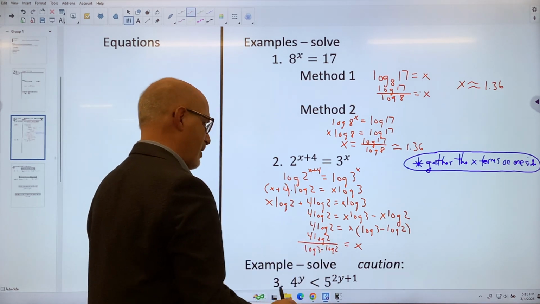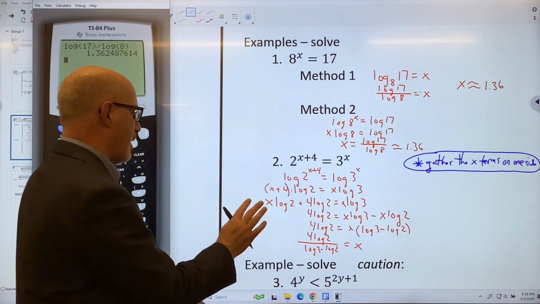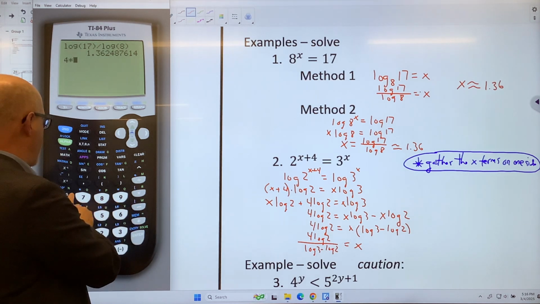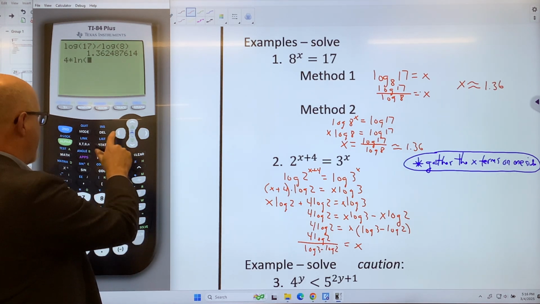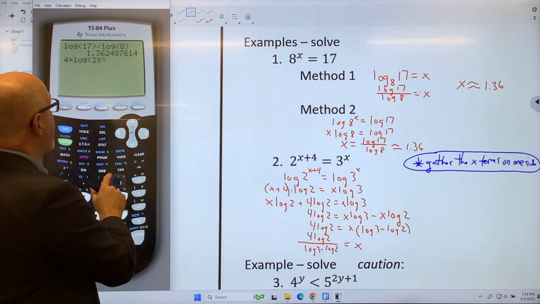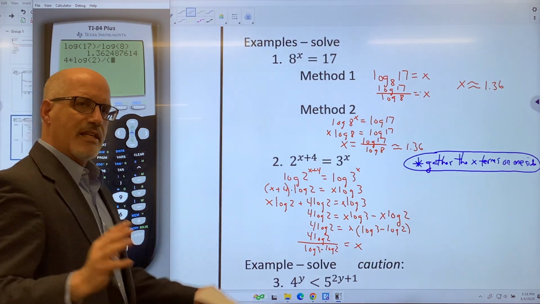And let's go ahead and do that on our calculator and see what that equals. So we can get 4 times log, let's do common log of 2. Okay, first of all, now I'm going to divide that by, and I'll put it in parentheses because I need to keep those together.